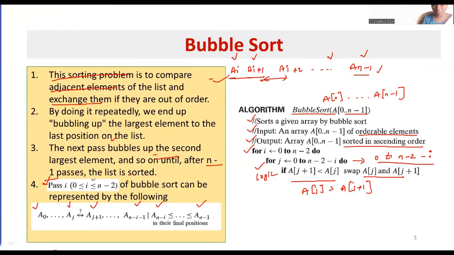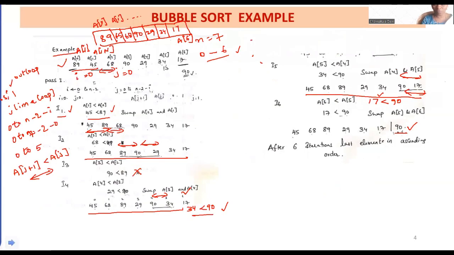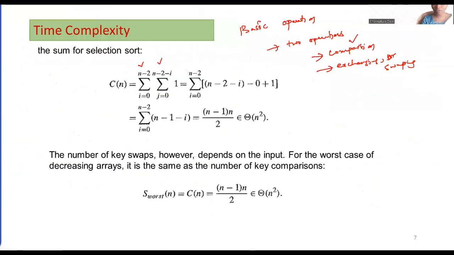You have to keep this in mind for making this expression. Now you're going to simplify this. I'll show you how to simplify this in the next slide so that you can understand it in a better way.